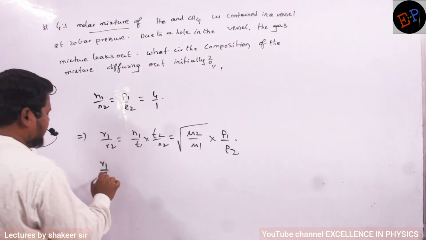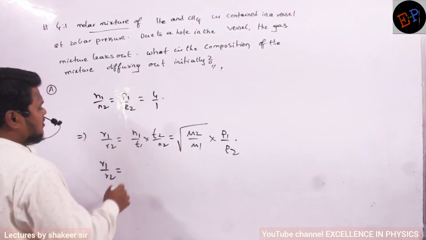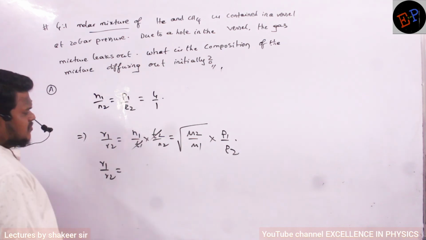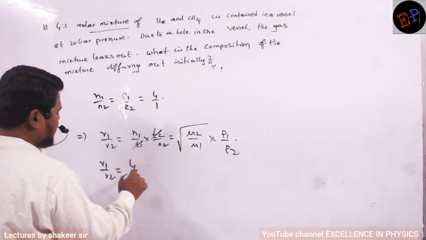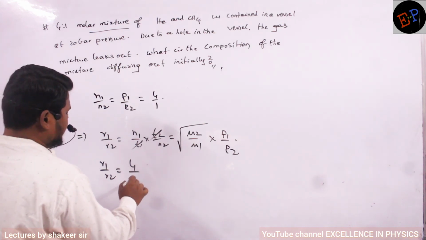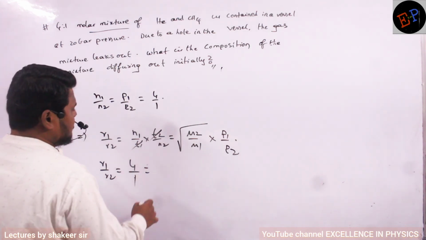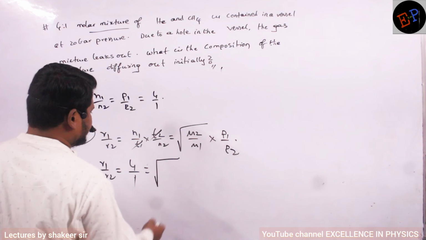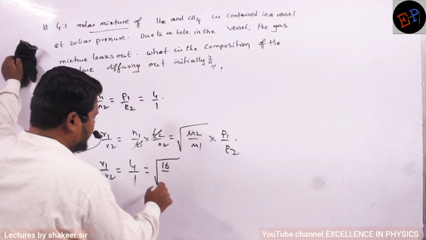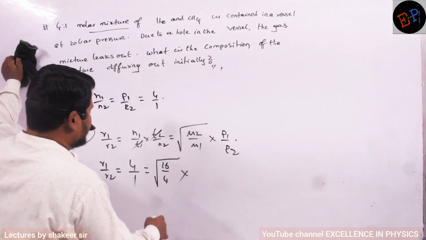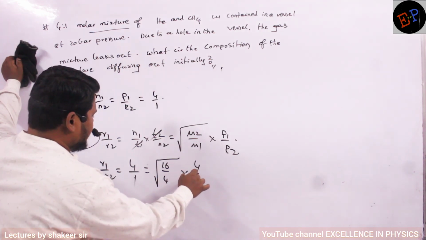R1 by R2: the time of gas diffusing is the same. The number of moles ratio is 4:1, equal to square root of 16 by 4, multiplied by the pressures, 4 by 1.